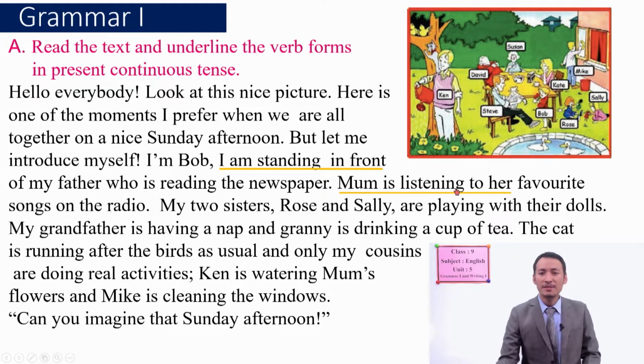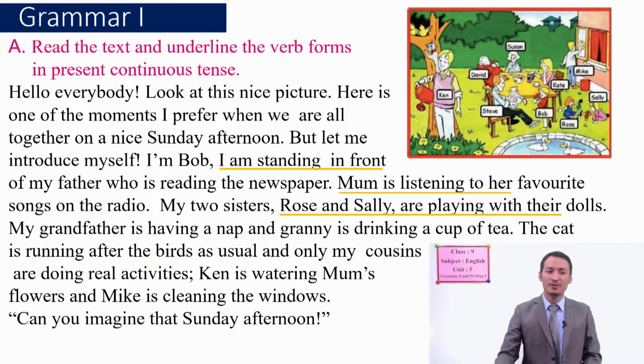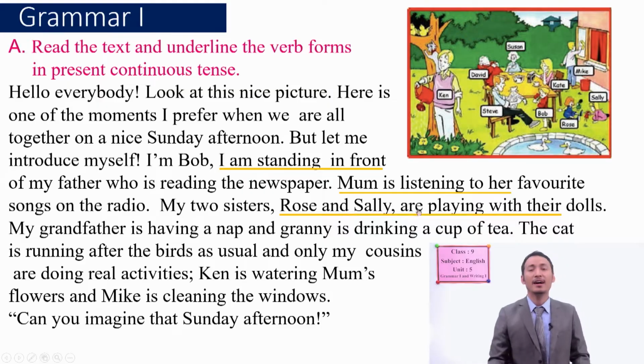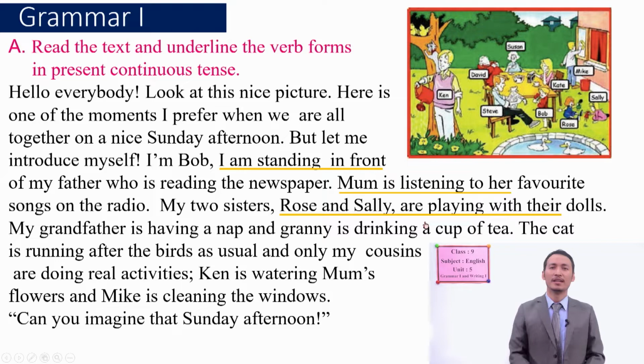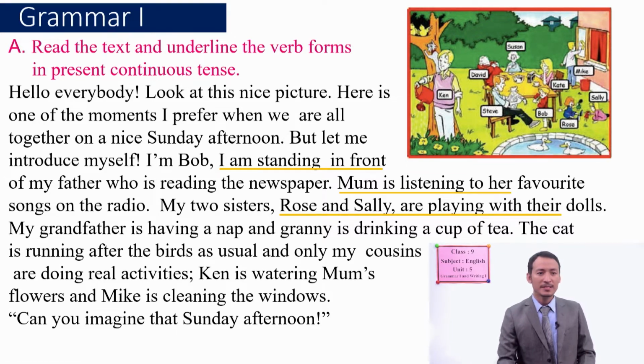And next one is, mom is listening to her favorite songs. And the third one, Rose and Sally are playing with their dolls. This is also a similar form to describe the present activities.